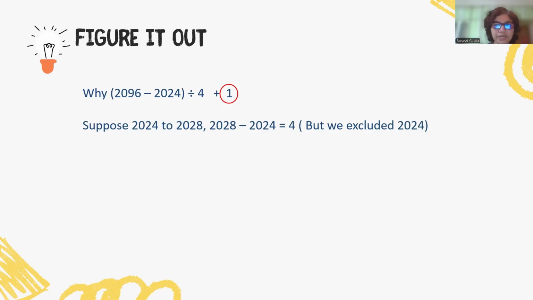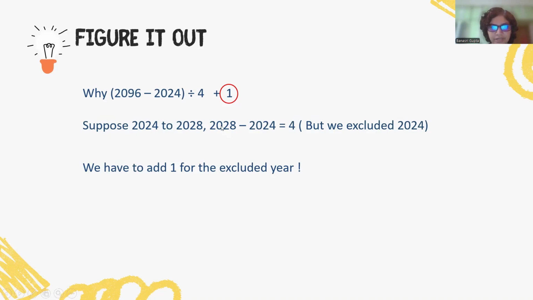We excluded 2024 from this. So we have to add the excluded year. Actually we know that between 2024 and 2028 there are 2 leap years, because 2024 is also a leap year, and 2028 is also a leap year. But the difference 4, when we divide it by 4, we get 1. But actually we see that there are 2. Why? Because we excluded this 2024 from this difference.